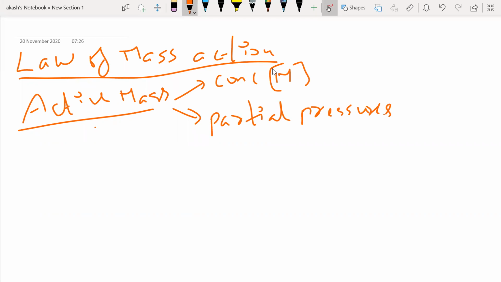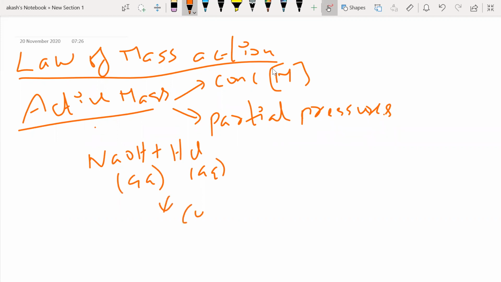Say if you have a reaction like NaOH plus HCl, what do you see here? All these are aqueous solutions, so obviously you cannot use partial pressure there. You have to use concentrations.